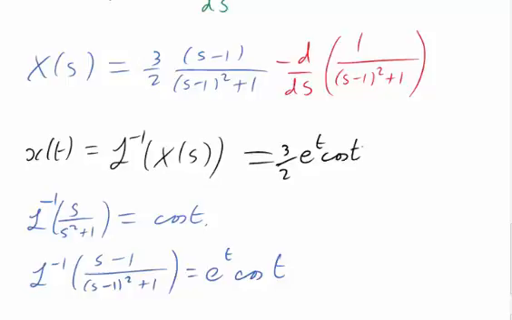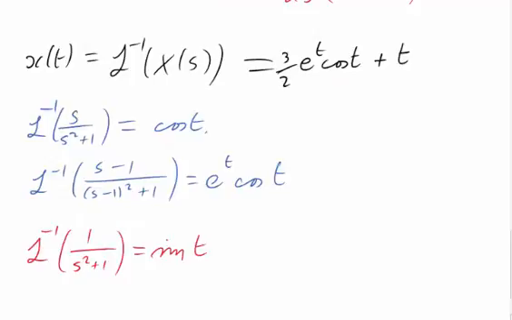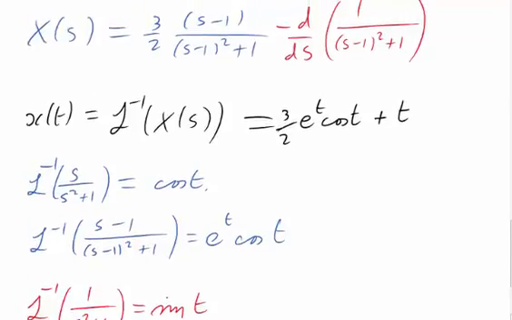Now, what about that other term? It's minus d by ds of something, isn't it? That means it must be plus t times something when we take the inverse transform. But t times what? Well, it's not a cos, because that would require s's on top, and we've only got 1 over s minus 1 squared plus 1. But of course the trig function that has a constant on top is the sine. Let's remind ourselves about that. Here's the sine alone. It's the inverse transform of 1 over s squared plus 1. But in our expression, we've got s minus 1's again.